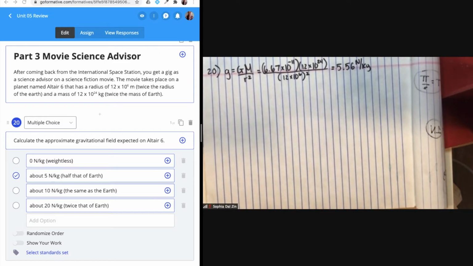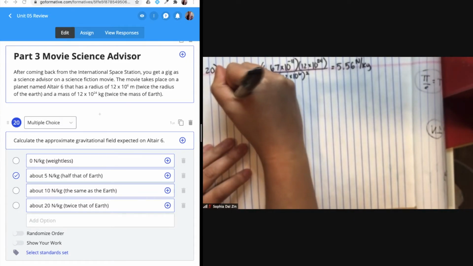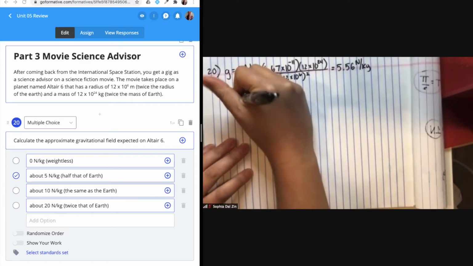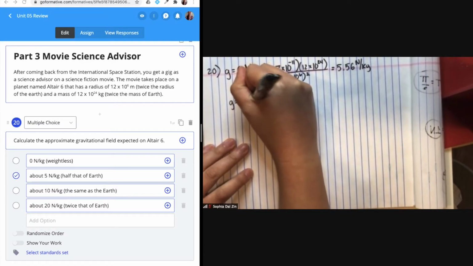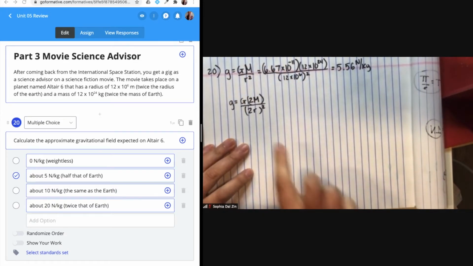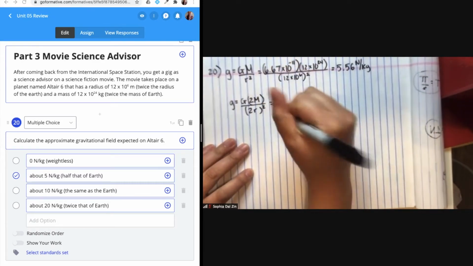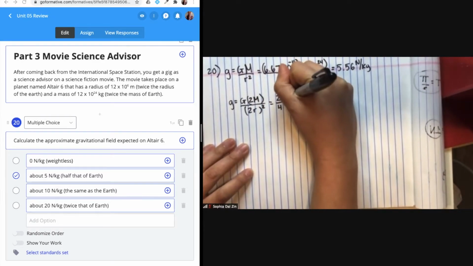Alternatively, what you could do is you could do this proportionally. We want to compare this to the gravitational field of the Earth. It has double the mass and twice the radius. If I sort the 2's to the front, I have 2 in the numerator, 4 in the denominator.